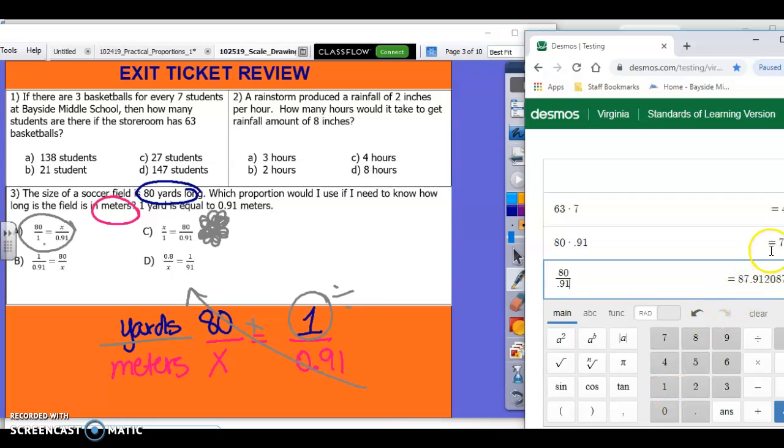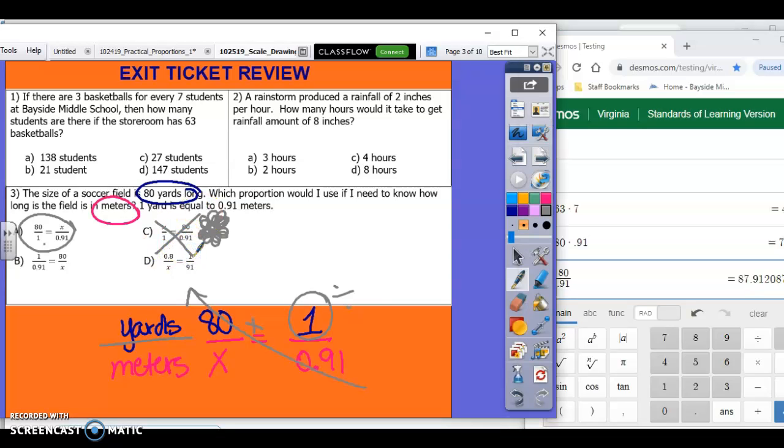And I do not get the same number. 72.8 is not equal to that. So this wouldn't be right. And then I would go ahead and check the other two and see which ones work and which ones do not work. The problem with this one right here is you see where that says 80 and this says 0.8. It doesn't even have the correct numbers, so that's not correct.